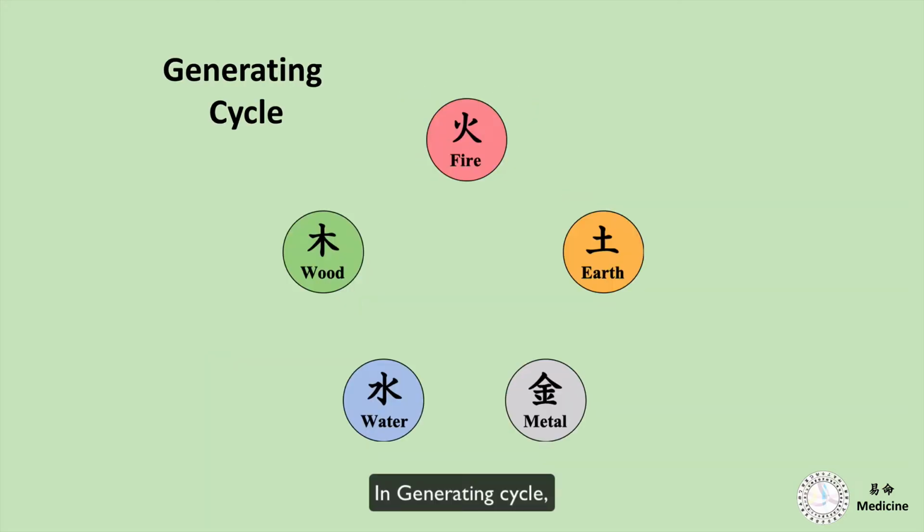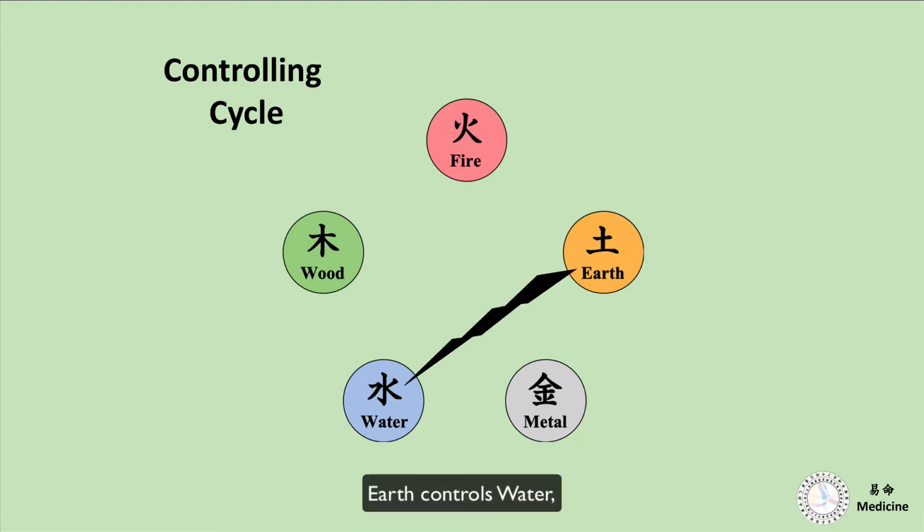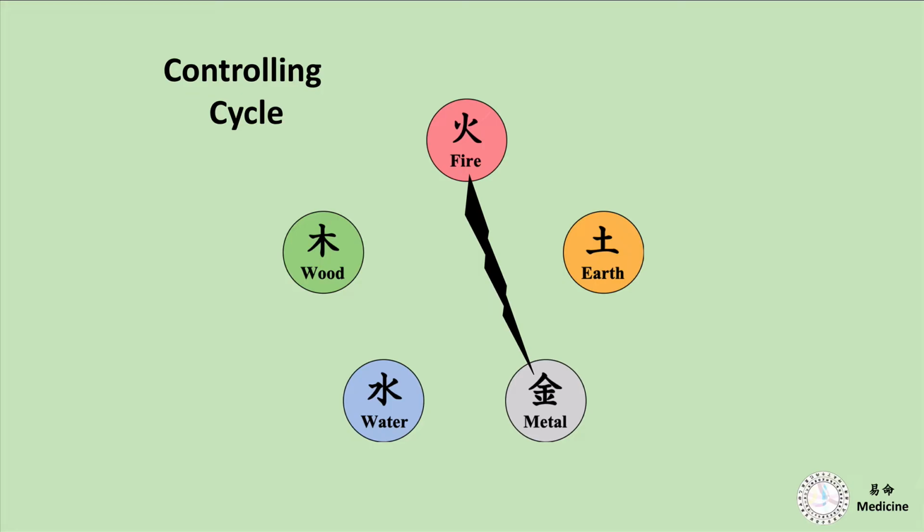In generating cycle, wood generates fire, fire generates earth, earth generates metal, metal generates water, and water generates wood again. In controlling cycle, wood controls earth, earth controls water, water controls fire, and fire controls metal, and metal controls wood.